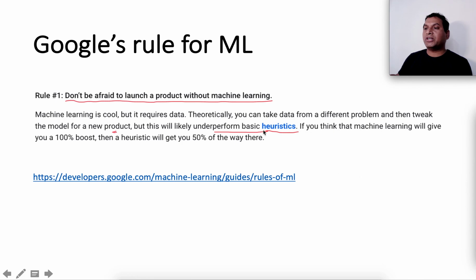And they have suggested using heuristics to build a baseline model. It says, theoretically, you can take data from a different problem and then tweak the model for a new product, but this will likely underperform basic heuristics. So developing a baseline model using heuristics is a very popular approach.